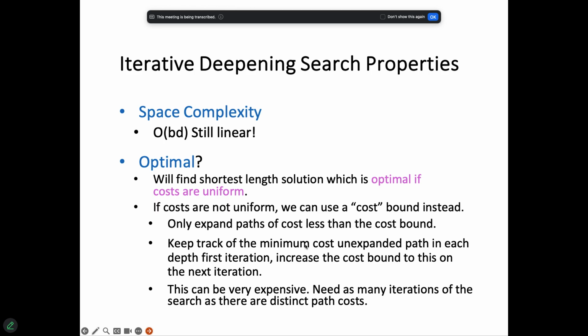So this bullet just mentioned that in case there are varying costs, then we can use an iterative deepening cost bound approach, which only expands the paths with cost below a threshold.